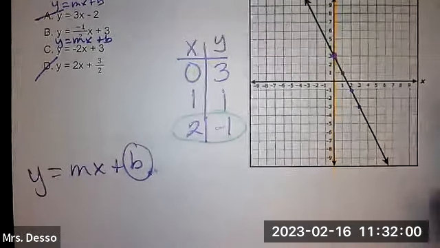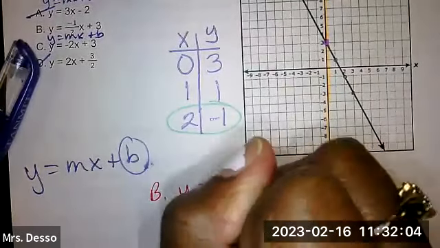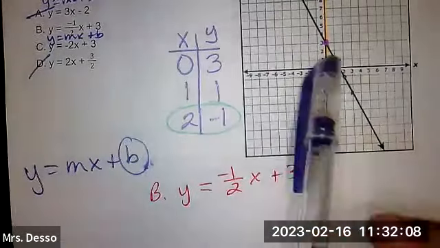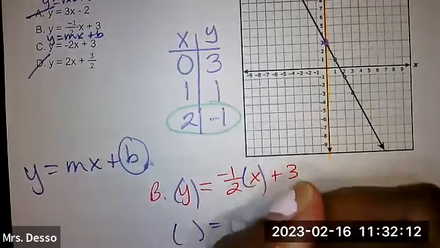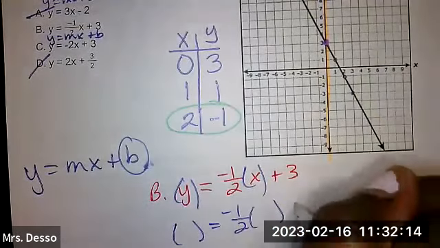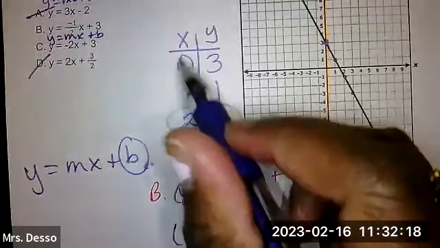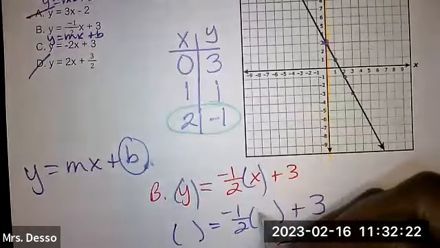I'm going to start substituting with answer choice B, y equals -1/2 x plus 3. Everywhere I see an x and y, that is where I'm going to substitute. I want to use this point, so I want to put the 2 in for x. Notice how x is on top of the 2.